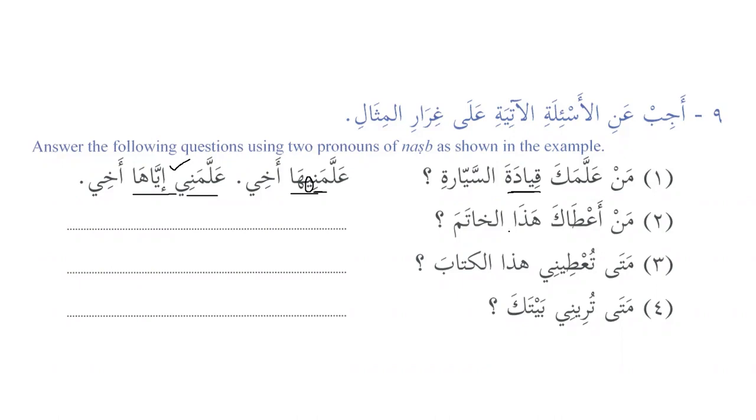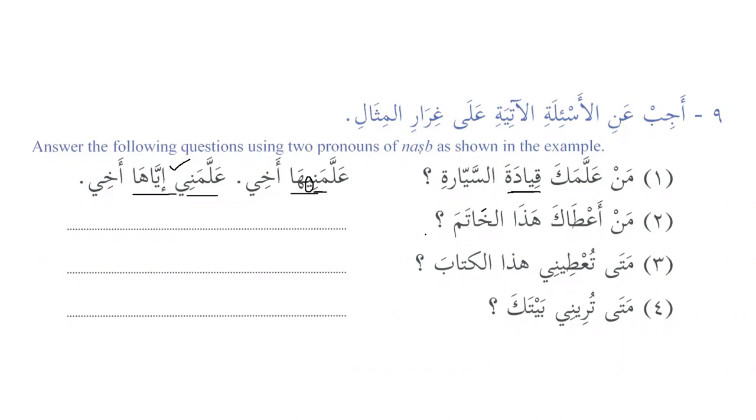من أعطاك هذا الخاتم؟ Who gave you this ring? You want to say, my father gave it to me. أعطانيه أبي.